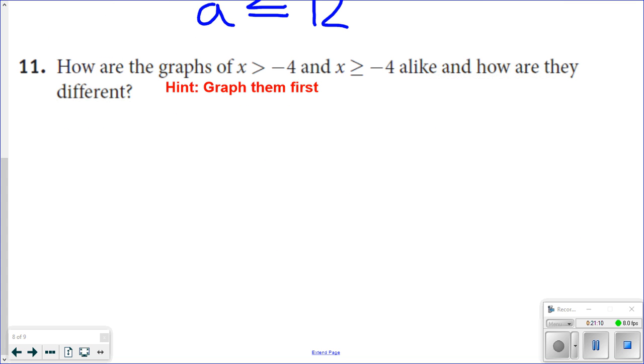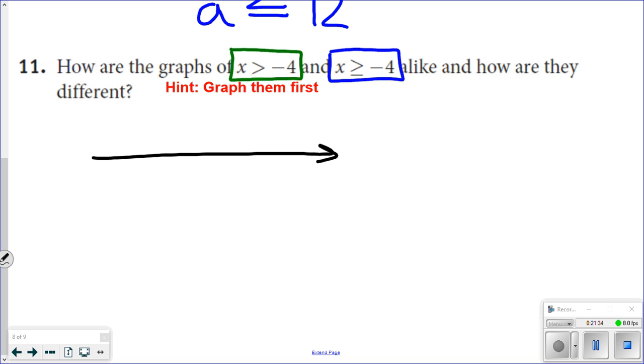Question 11. It says, how are the graphs of x is greater than -4 and x is greater than or equal to -4 alike, and how are they different? And I gave you a hint to graph them first. So in the My Notes section of our book, let's draw 2 simple number lines.